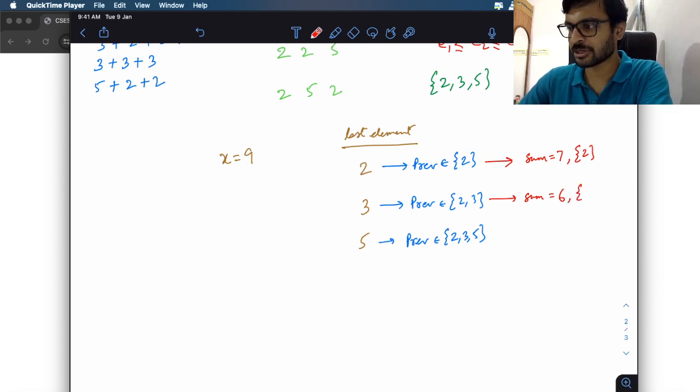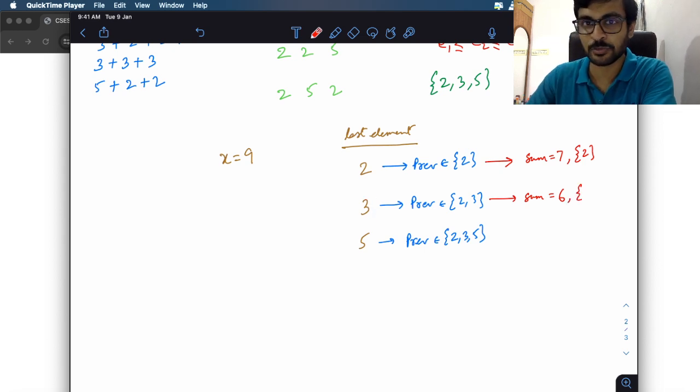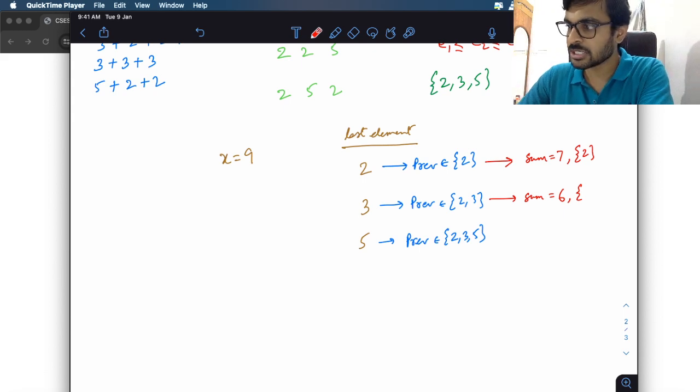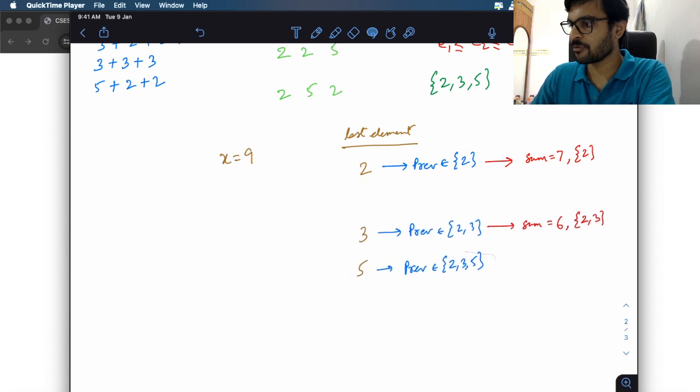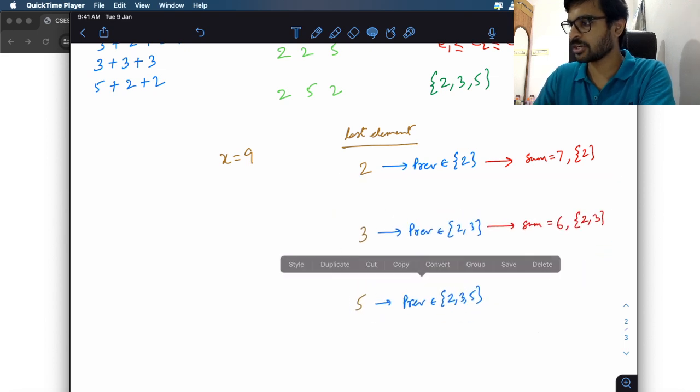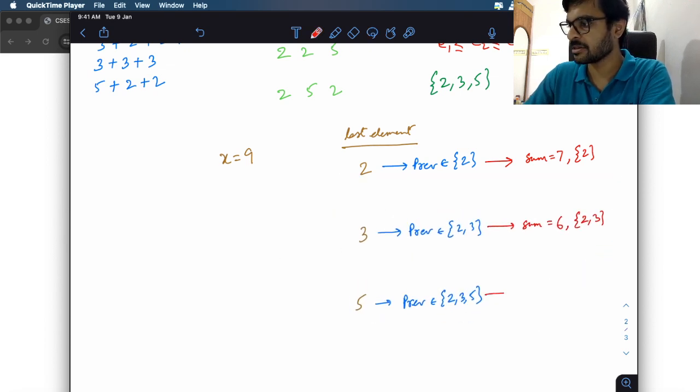You cannot take 5 because the last element is 3, so previous elements have to be less than or equal to this. So using 2 and 3, give me the number of ways. And when you're taking 5, the remaining sum is 9 minus 5, that is 4. For this 4, you can take any of the elements 2, 3, 5.